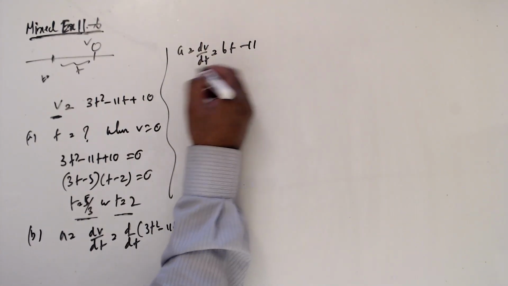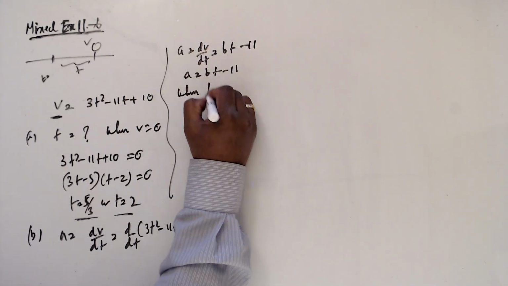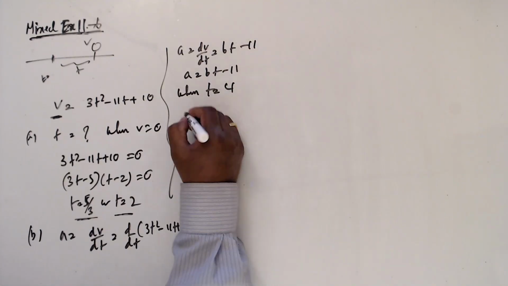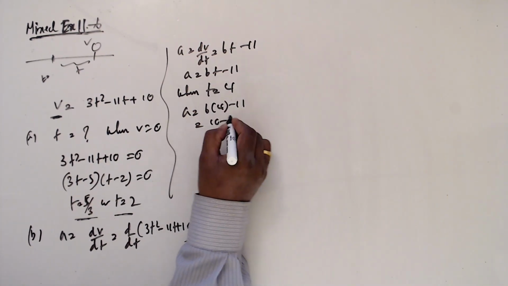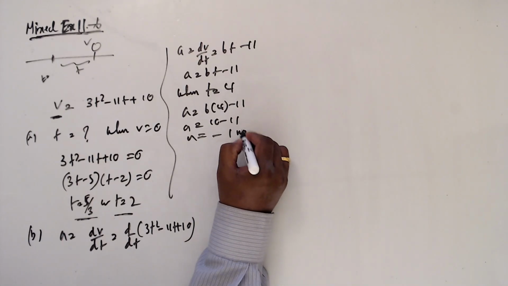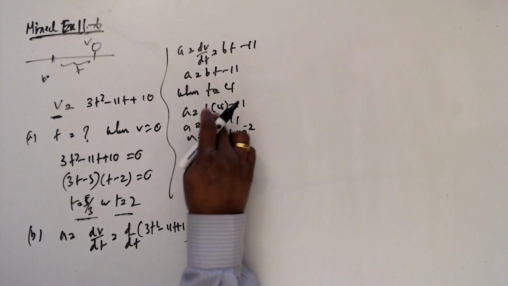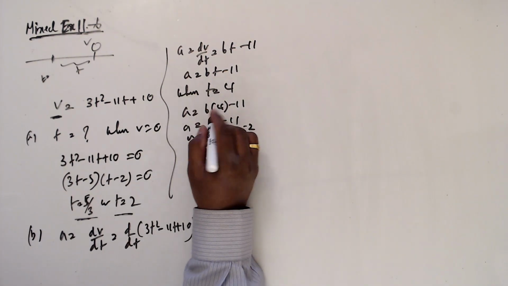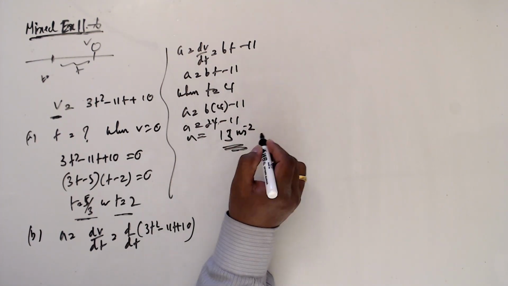So a equals 6t minus 11 when t equals 4. A equals 6 times 4 minus 11, that is 10 minus 11, that is minus 1 ms minus 2. I think 6 times 4 is not 10, 6 times 4 is 24, and this is going to be 13 ms minus 2.